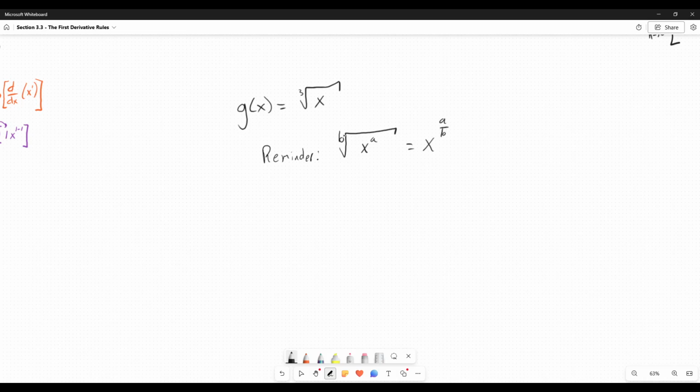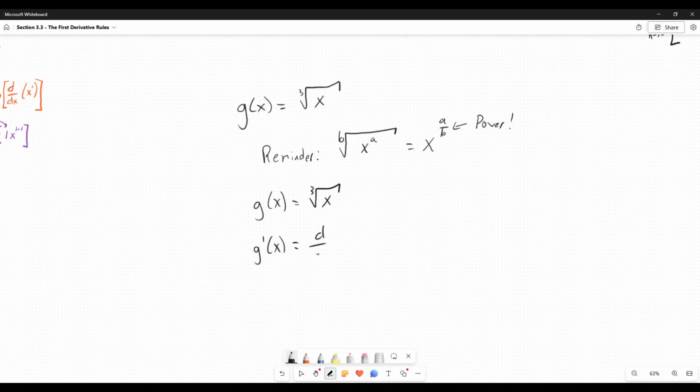Okay? That's the same thing. The bth root of x to the a is the same thing as x to the power of a divided by b. And the point is, the rewrite is a power that we can use this rule on. So if g of x is the cube root of x, what is g prime of x?